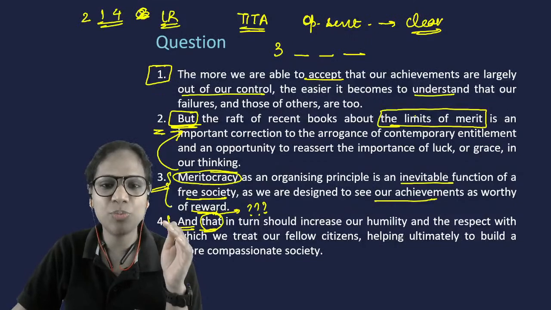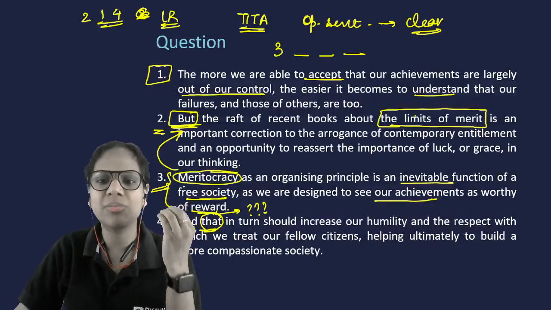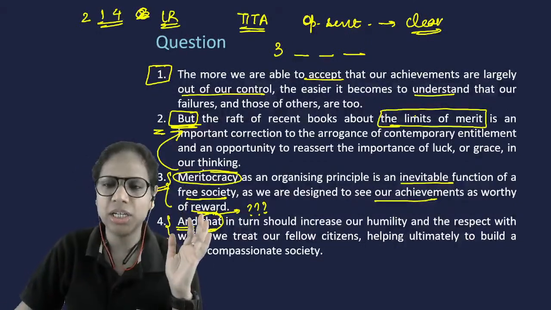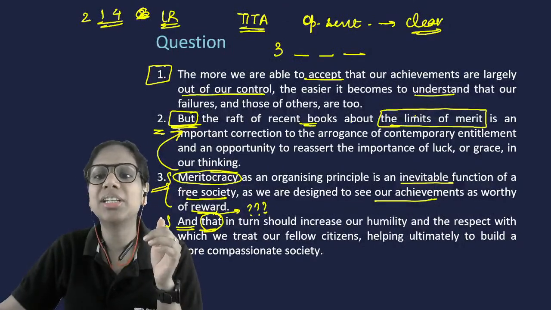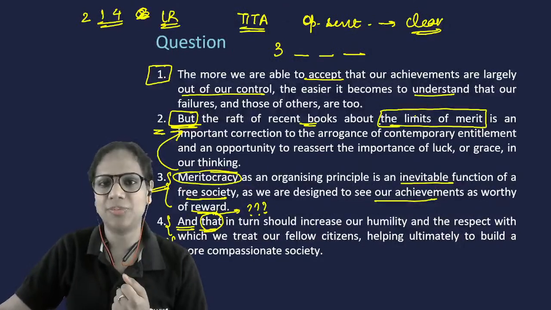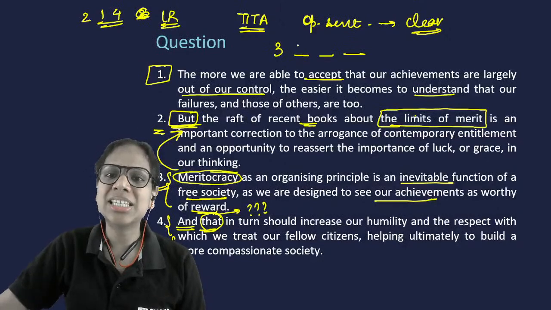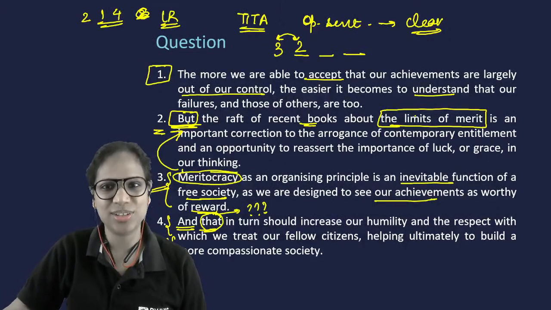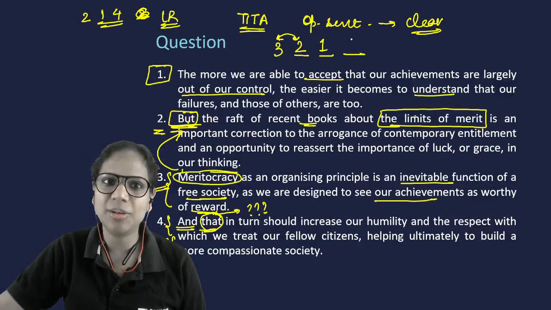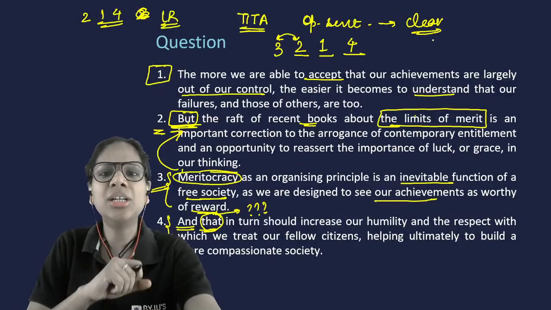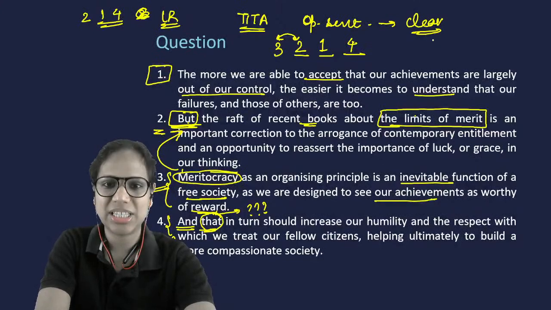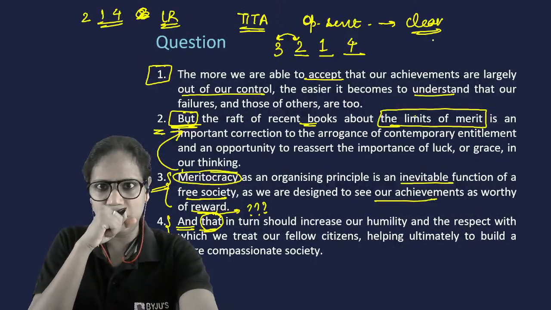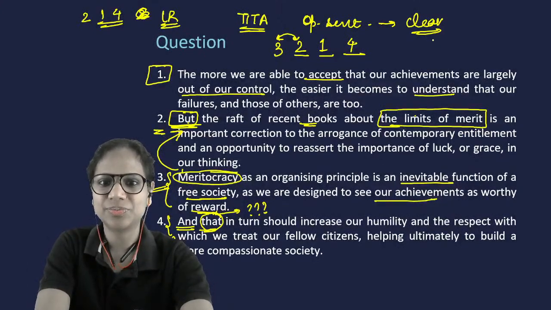So I state one point that meritocracy is something that is there in a free society, but actually recent books are telling us that there are limits to merit. So 3 2 is connected thematically also, grammatically also. And then will come 1 and 4. So 3 2 1 4 is the sequence. Does that make sense?